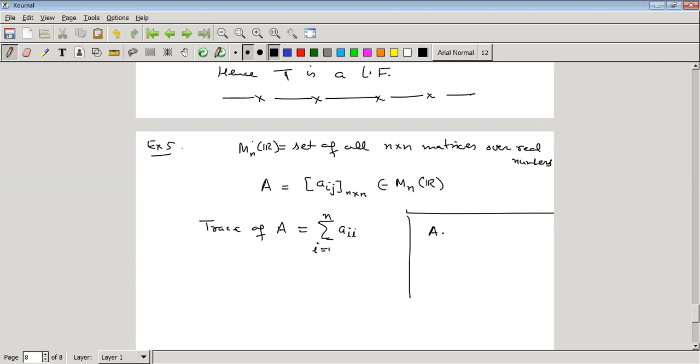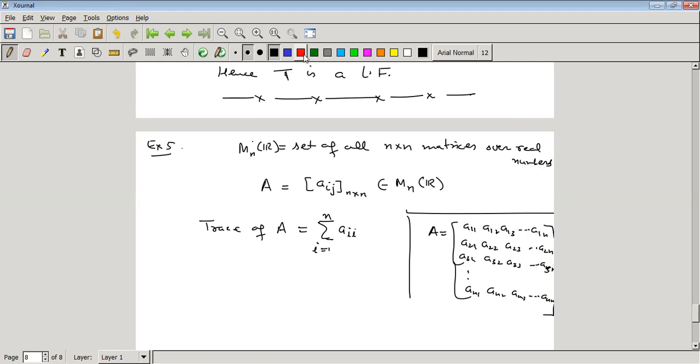If we have a matrix A, that is A11, A12, A13, A1n, A21, A22, A23, A2n, A31, A32, A33, A3n, and similarly An1, An2, An3, Ann.